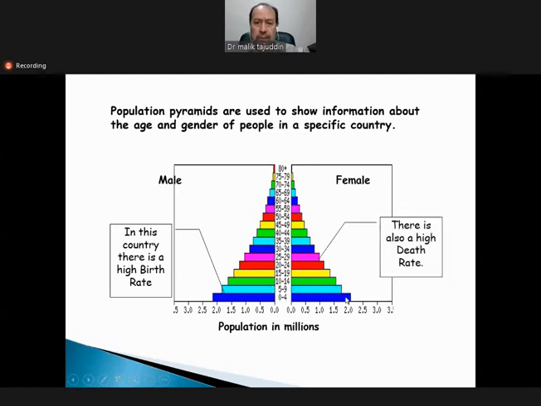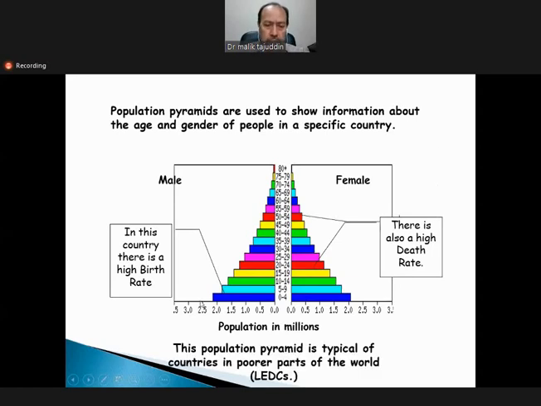Then you can see there is also a high death rate, because of the people who are born, 2 million, when they reach here, many have died, and reaching up to 15 years, they are about 1.5 million. So 500,000 people are lost in 15 years. So high death rates give a concave appearance to this population pyramid. This population pyramid is typical of countries in the poor part of the world, lower socio-economic countries.